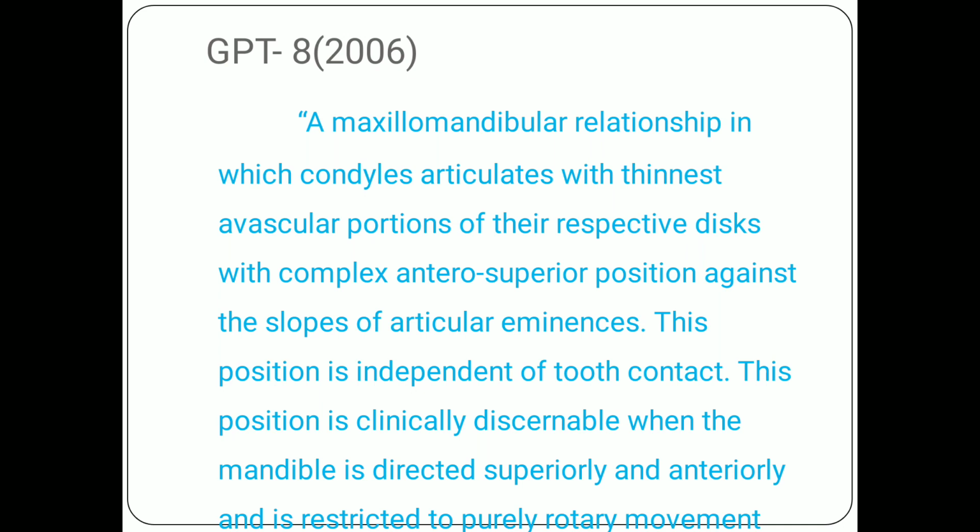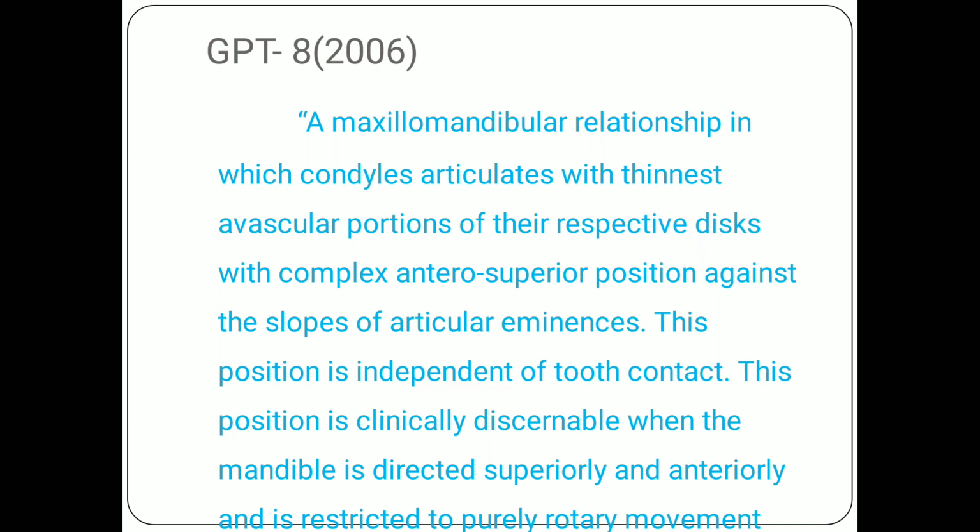Coming to the GPT-8 definition, it is rarely asked, that's why I kept this slide. Sometimes in your preclinical exams, they will ask you to define centric relation. So centric relation is a maxillomandibular relationship in which condyles articulate with the thinnest avascular portions of their respective discs with the complex anterior-superior position against the slopes of articular eminences.